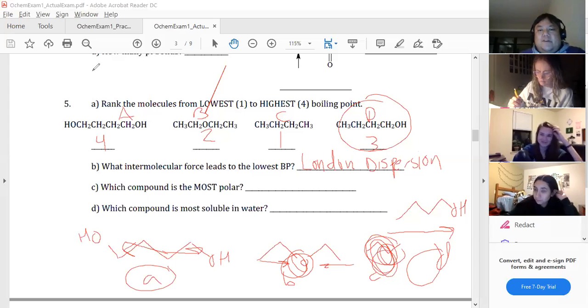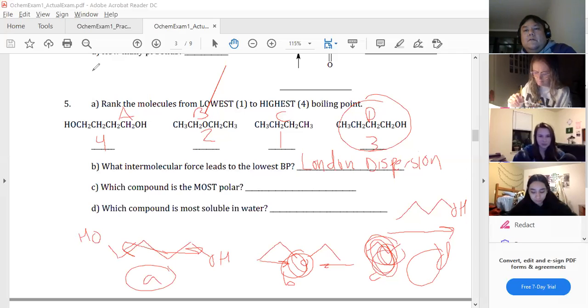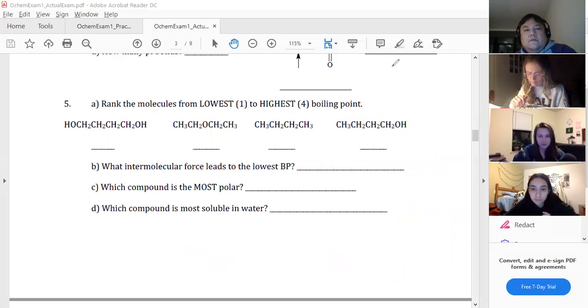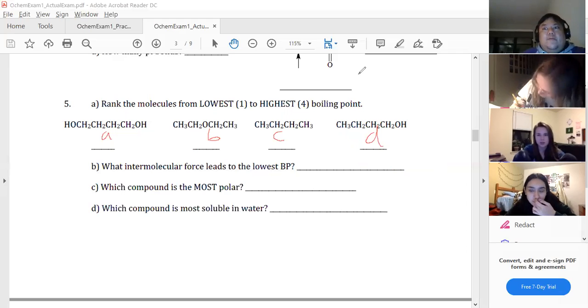Okay, which compound is most soluble in water? A, B, C, or D? What was our rule for solubility? What was the 3-word rule that I gave you for solubility? Or 4-word?